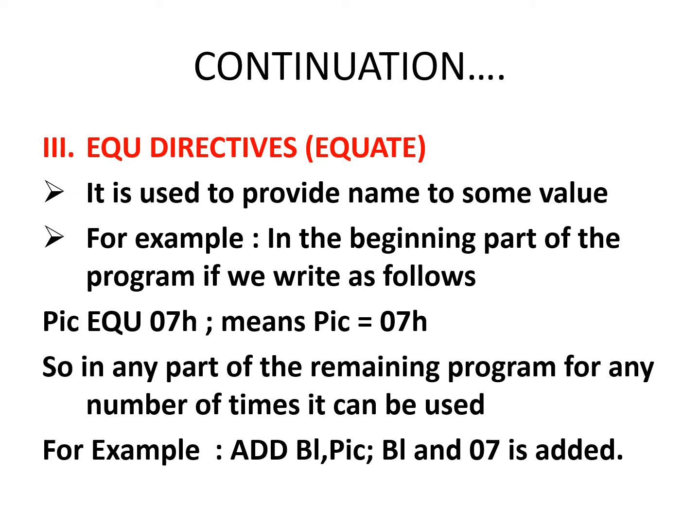If I want to change that 07 to 25, BL content will be added with 25, which I mention in the starting portion of the program itself. Everywhere I mention PIC, that 07 is replaced with 25. So I need not change every line. Simply I change the starting portion of the program. This kind of directive is used for the user friendliness of the programmer.